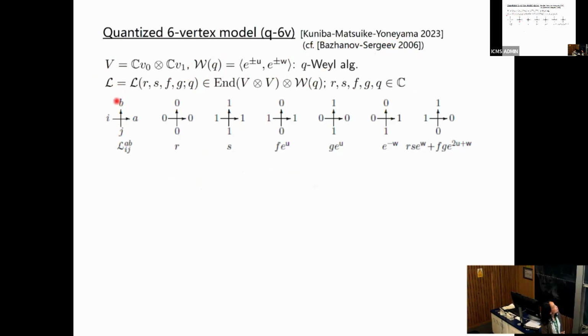Now this L, depending on four parameters which are not spectral parameters, is in the endomorphism of V tensor V with coefficients corresponding to Boltzmann weights in the q-oscillator algebra. The model has the same appearance as the original six vertex model, but now some Boltzmann weights are non-commuting variables.